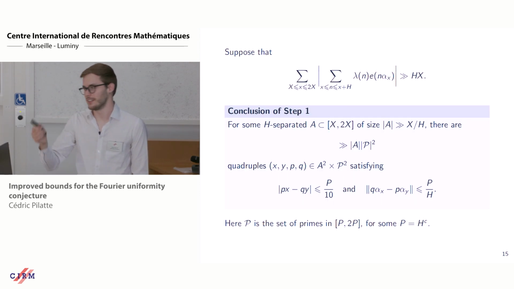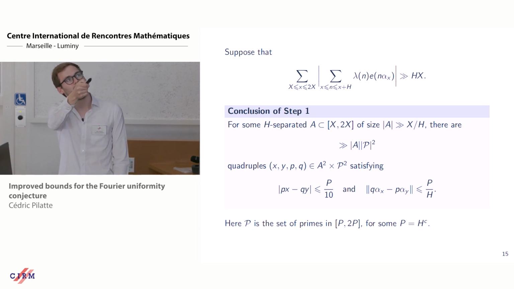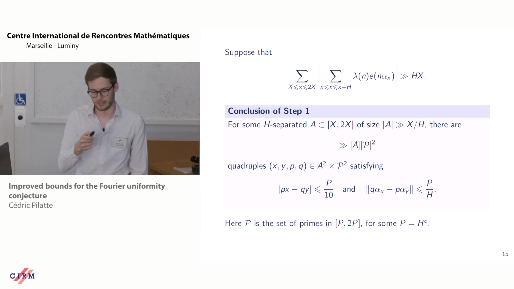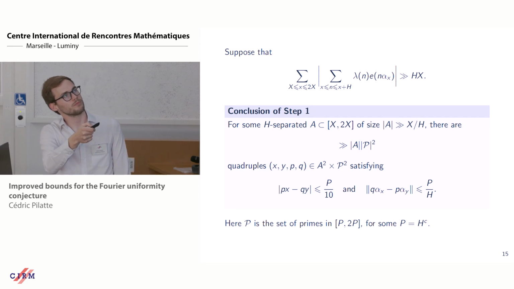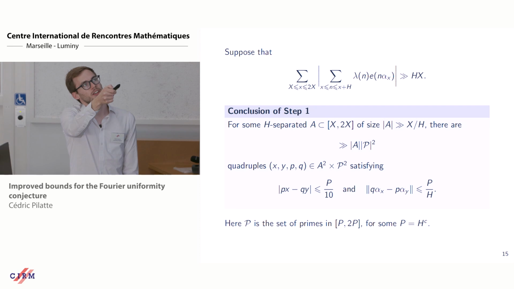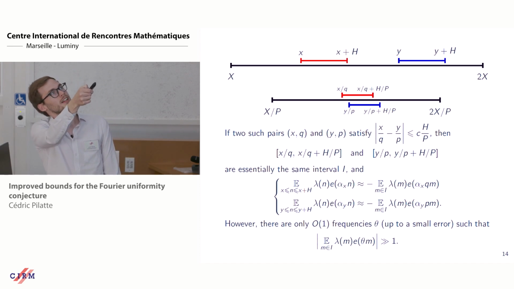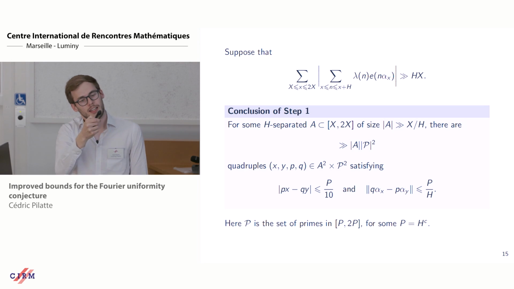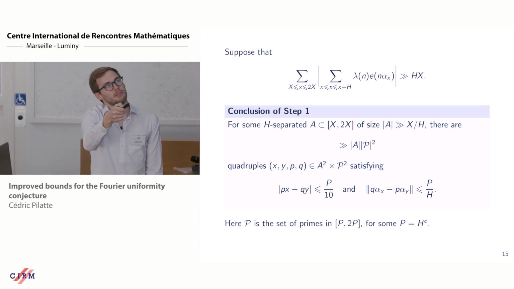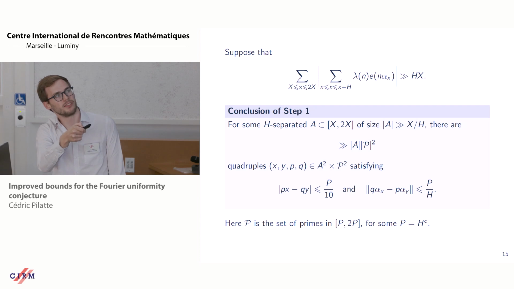So the conclusion of this Turing-Kubilius business is that if you have this correlation estimate, then for some h-separated set of points, so A is my set of points, A is my set of x's above, there will be almost as many as possible quadruples x, y, p, q, satisfying these two bounds.